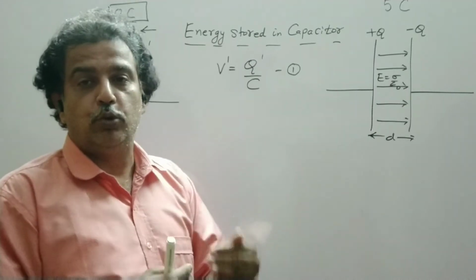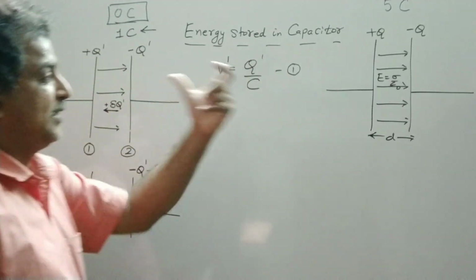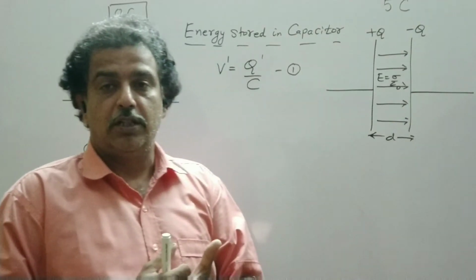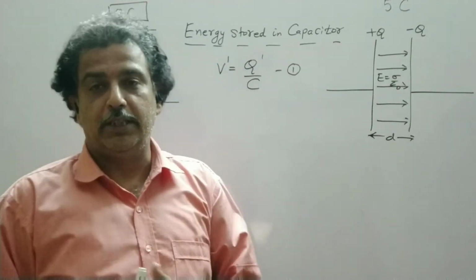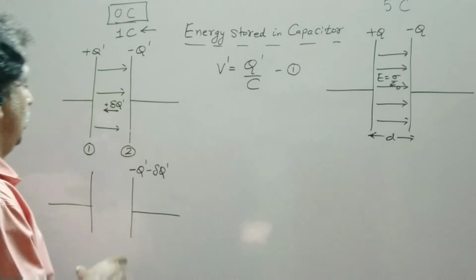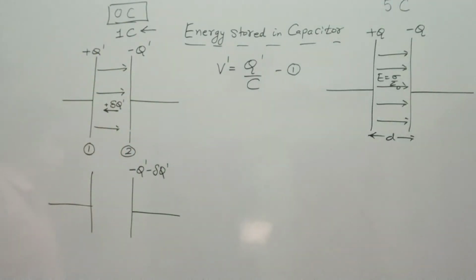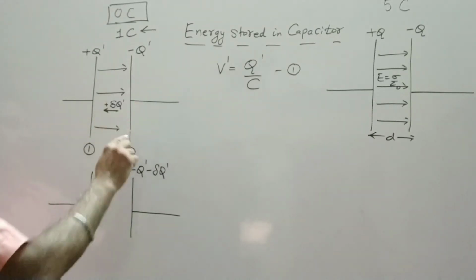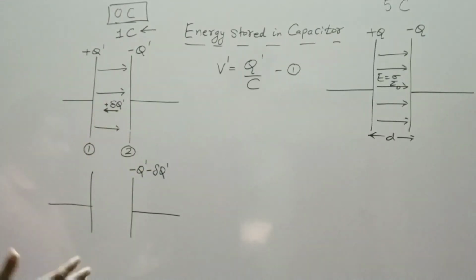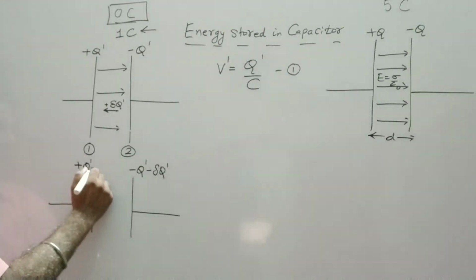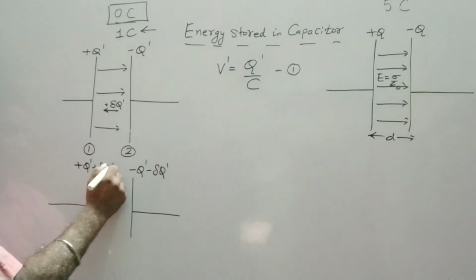But the other way to look at the same process is, if I want to make any body negatively charged, I have to remove the positive charge from it. So I remove 1 plus delta Q dash charge from this plate. So this plate will become more negative, or this plate becomes Q dash plus delta Q dash.